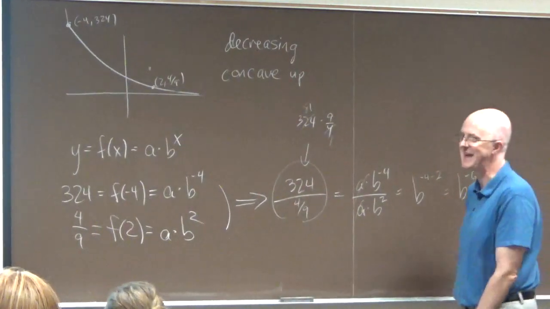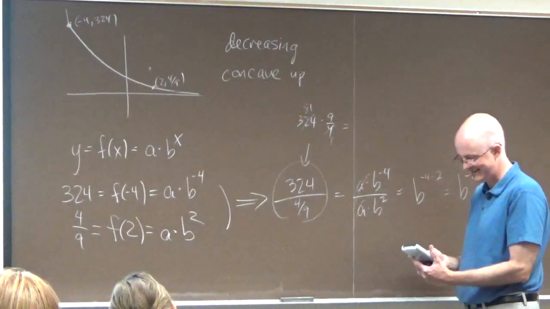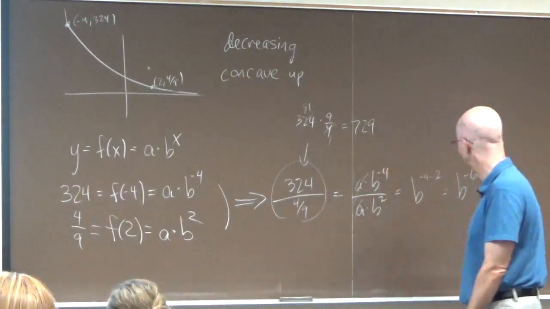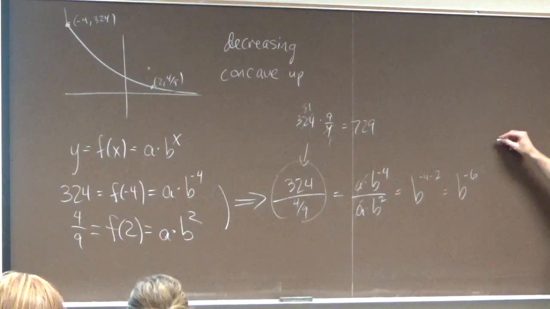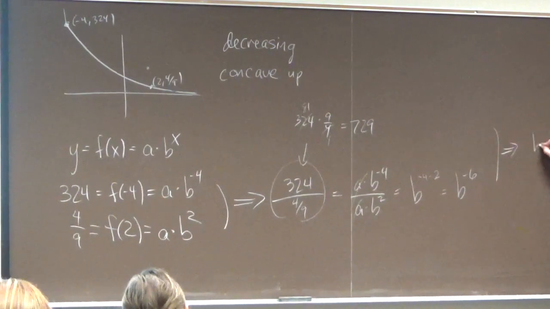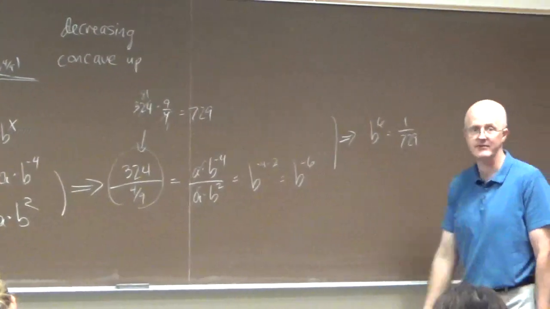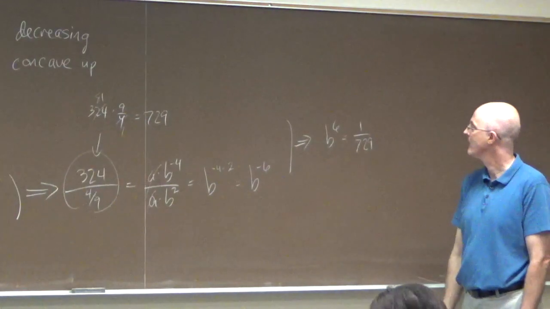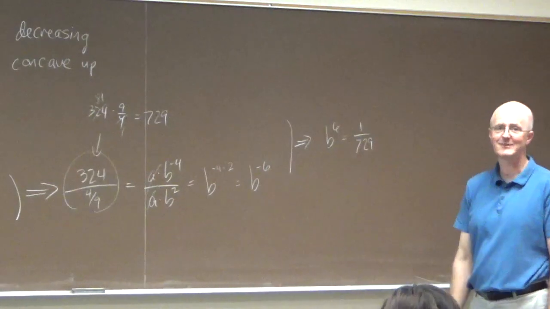It's just something I remember. 81 times 9 is 729. So 729 equals b to the negative 6. If you prefer, you can write that as b to the positive 6 is 1 over 729. b is going to be a number between 0 and 1. Now you can guess the answer here. You might guess 1/3 for b.